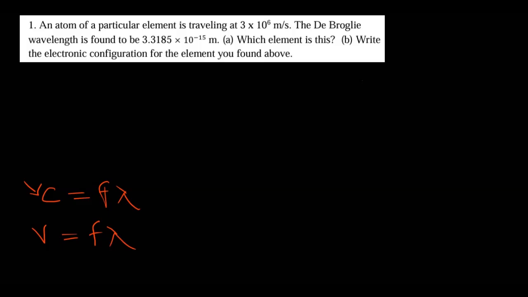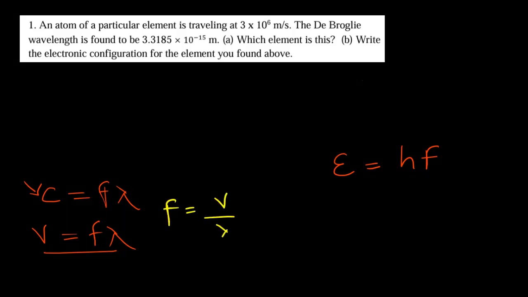And then we also had the formula for calculating the energy. So we said energy was equal to Planck's constant multiplied by the frequency. If we make the frequency the subject of the formula from this equation, the frequency will be equal to the speed divided by the wavelength.